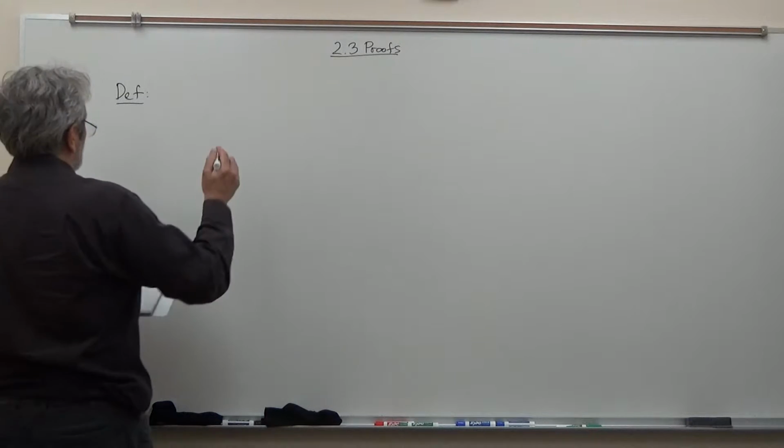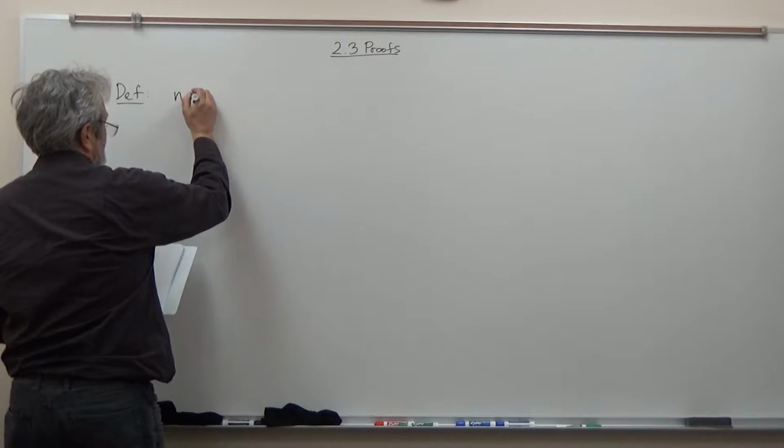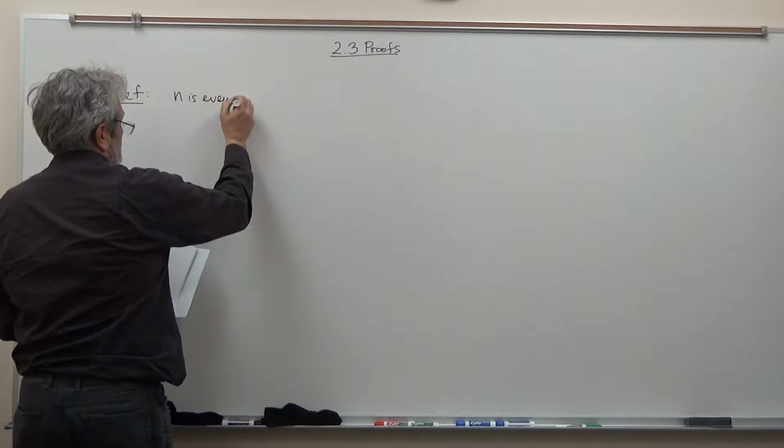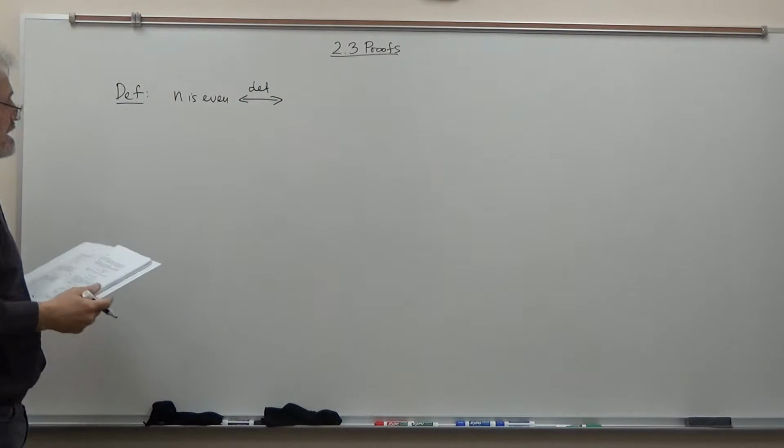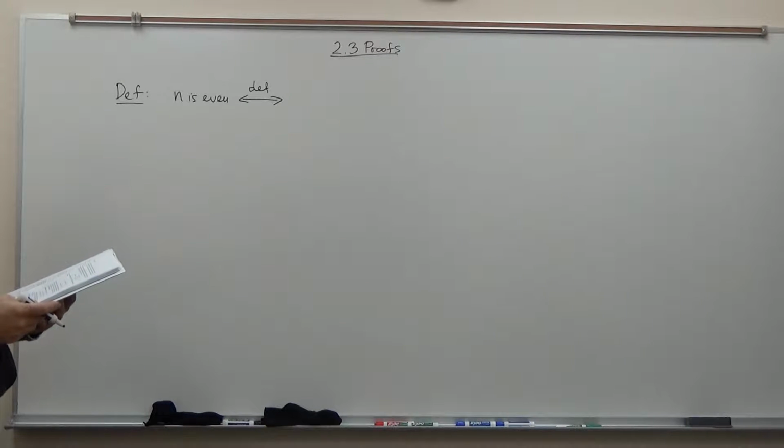So, definition: n is even. That's more verbal, and in the definition we will describe precisely, using mathematical formulas of predicate calculus, what we mean when we say that n is even.